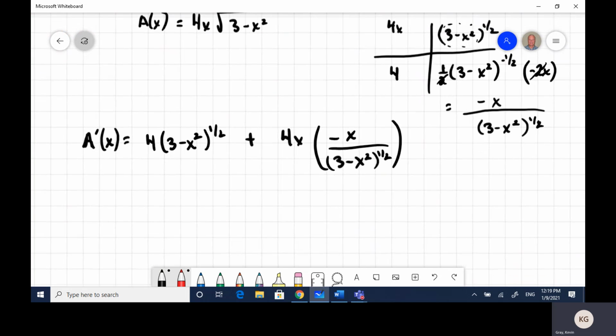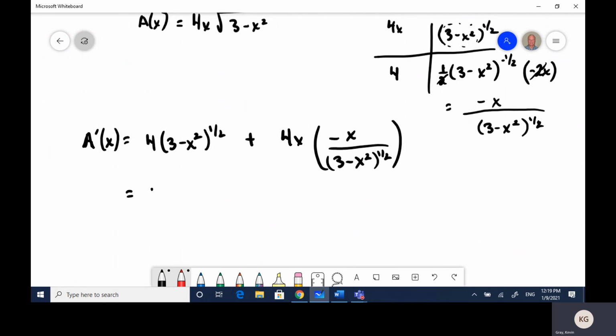Okay, so that's the derivative function I'm working with. Now I'm just going to take a step here and clean this up a little bit. It'll be a minus 4x squared all over 3 minus x squared to the 1/2.